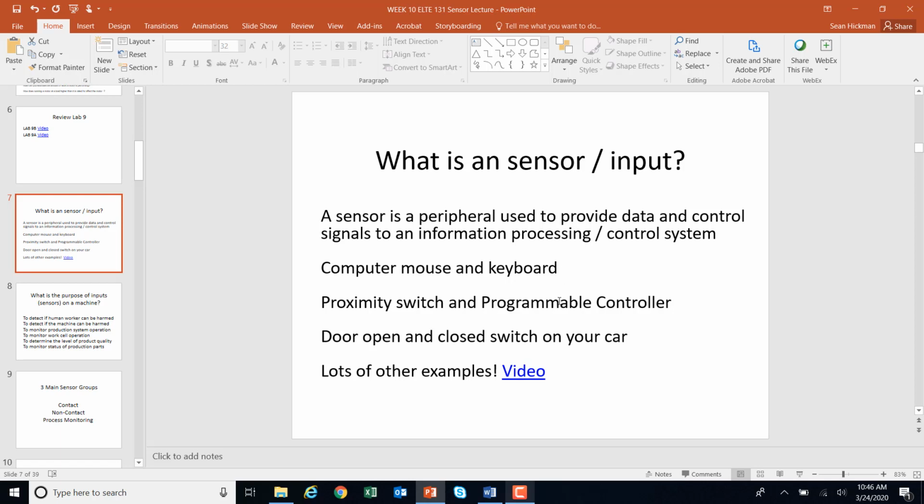But what we might be doing here in industrial automation or controls, we might have a proximity switch that's wired into a programmable controller. Maybe another one that makes sense to you would be the door open and close switch on your car. There's a lot of other examples. Here's a quick minute and a half video showing you some of the items. Go ahead and pause the video and watch that.